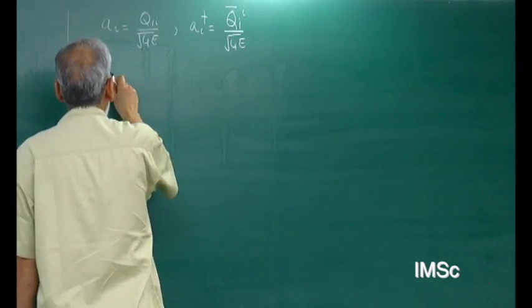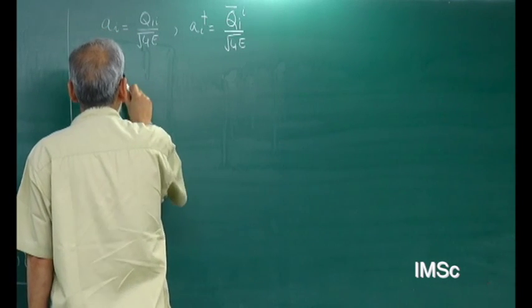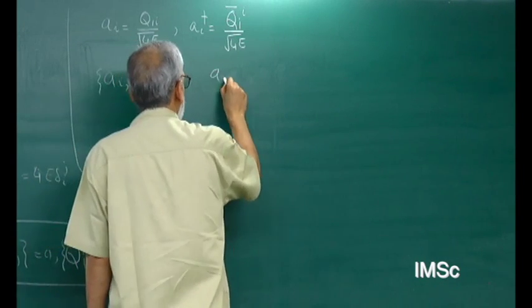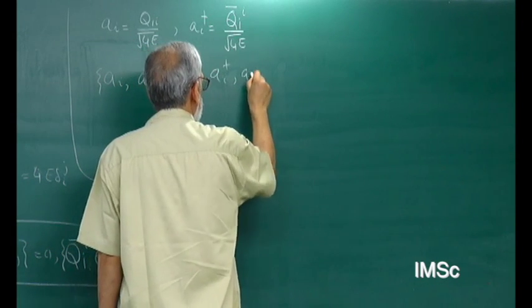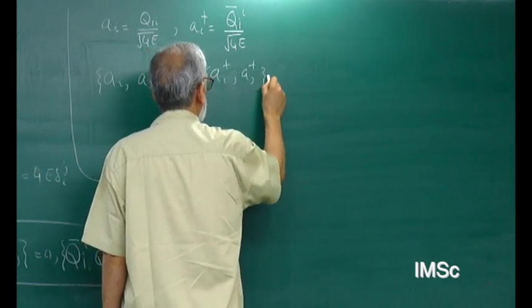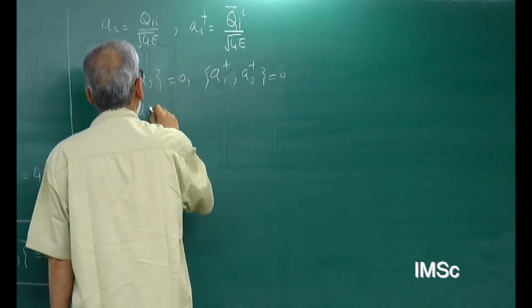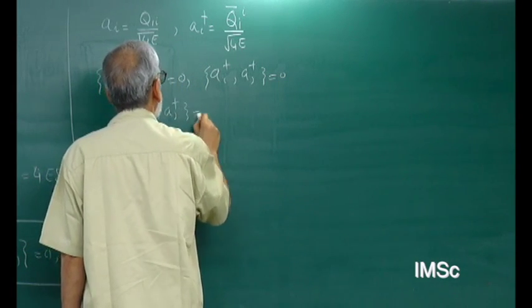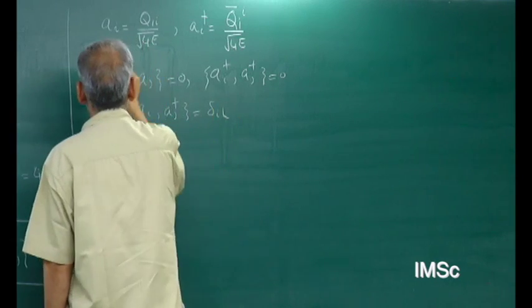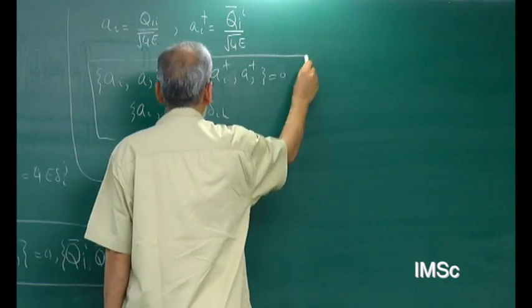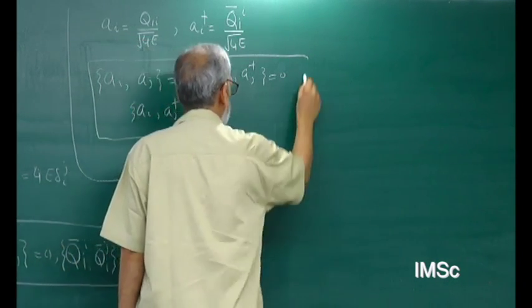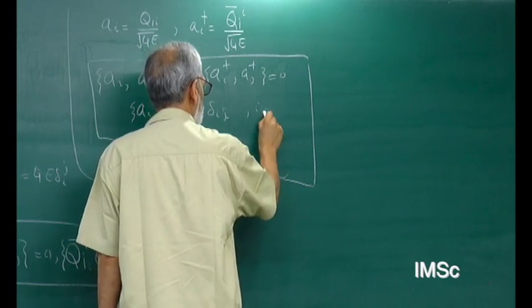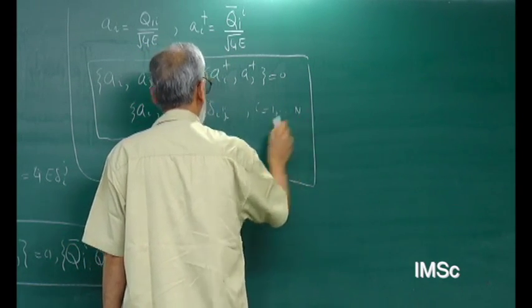And write the algebra on A's. AI AJ anti-commutator is 0. AI dagger AJ dagger anti-commutator is 0. And AI AJ dagger anti-commutator is delta IJ. I is 1 to n.